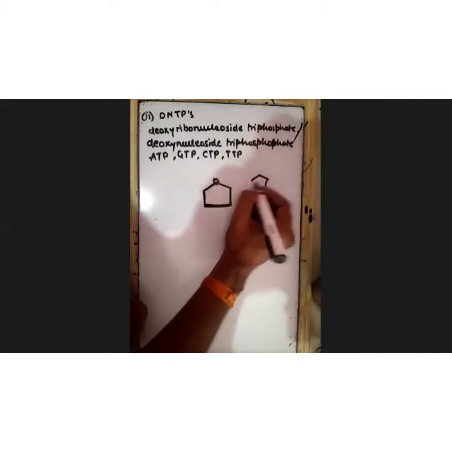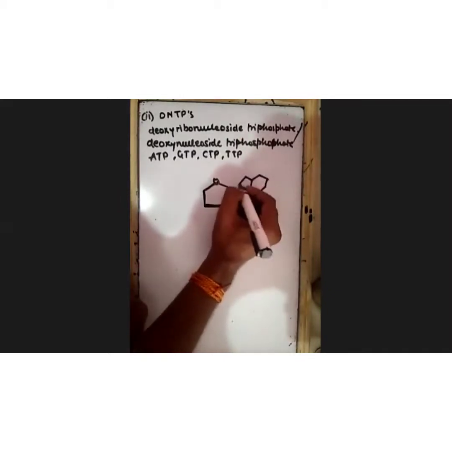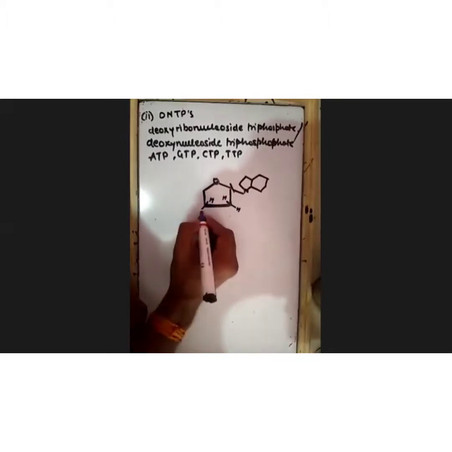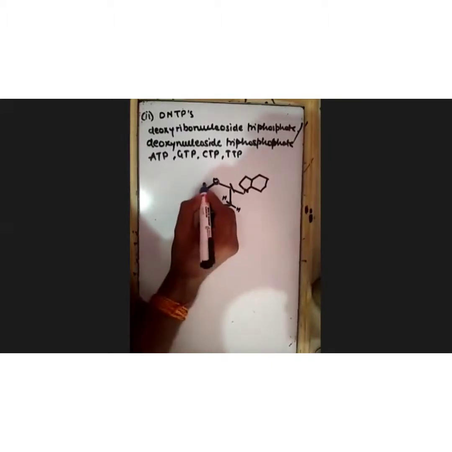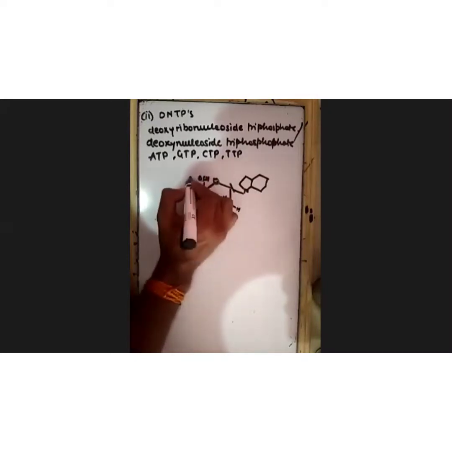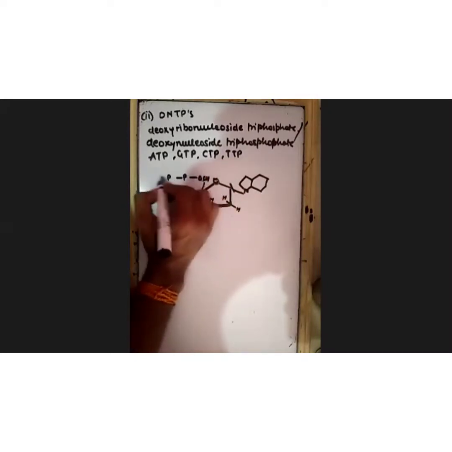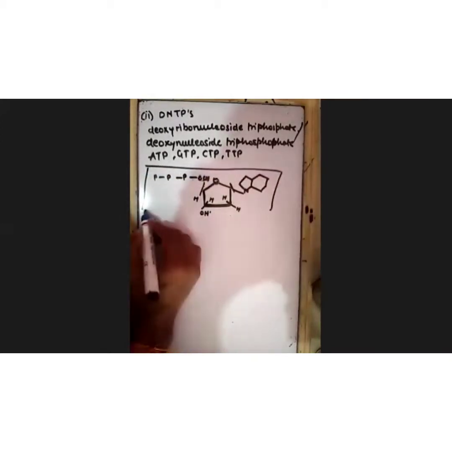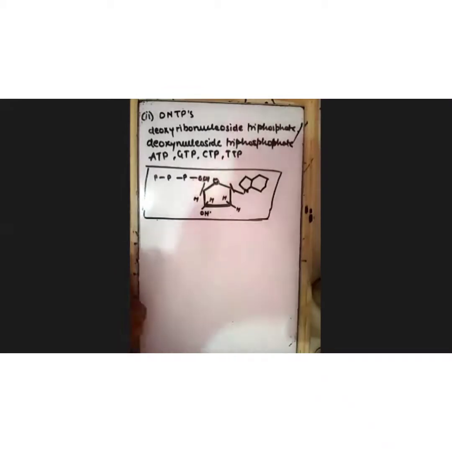Here you will have the nitrogen base, and here the H and H, OH, and H, then CH2, O, and here you have the phosphate. So it is the deoxynucleoside triphosphate.